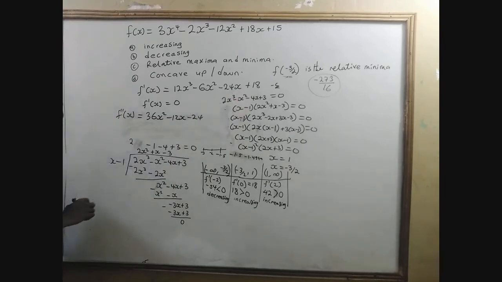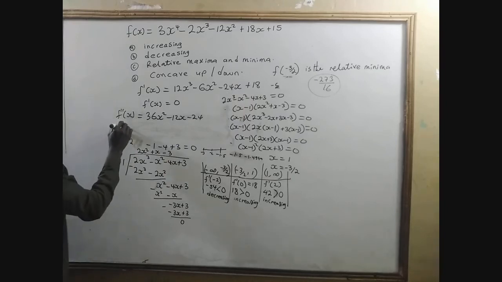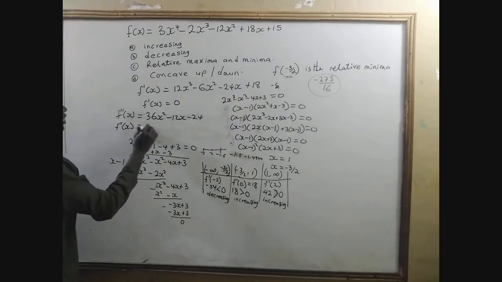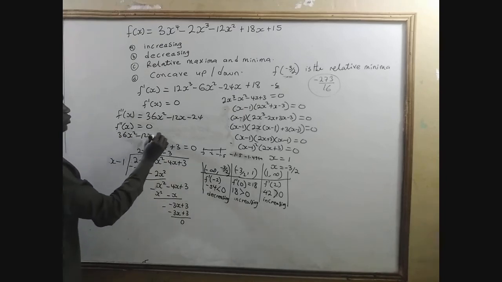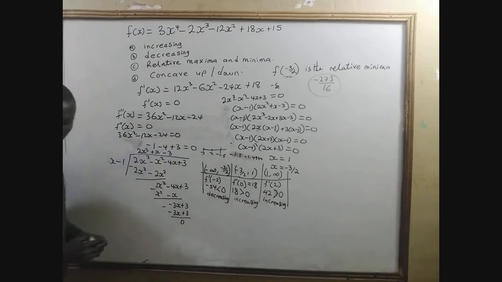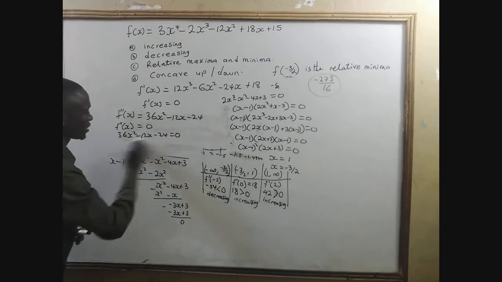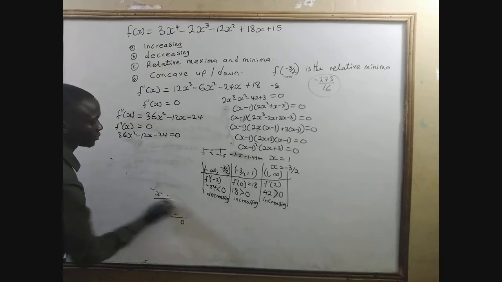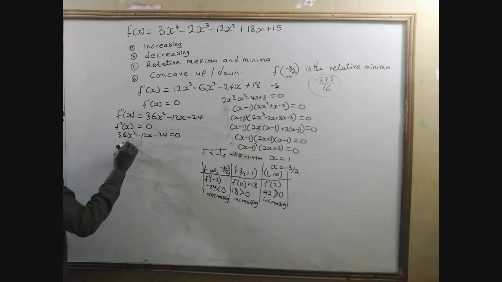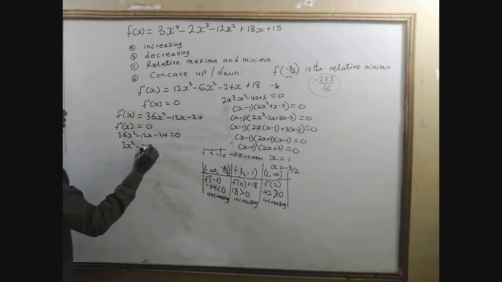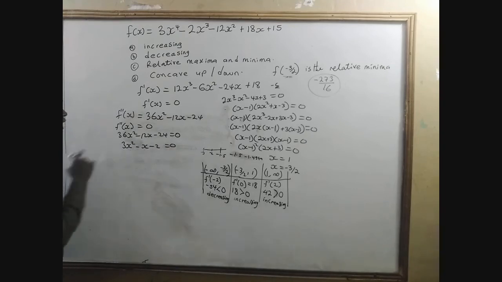Now let's find the critical points. We have f double prime of x equals 0. This implies that 36x squared minus 12x minus 24 is equal to 0. Wow, that is very simple. Now, we can divide by 12 to get 3x squared minus x minus 2 equal to 0. And this is a quadratic equation, so let's factorize it.